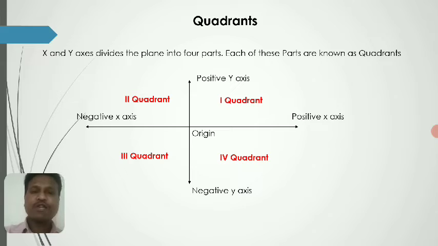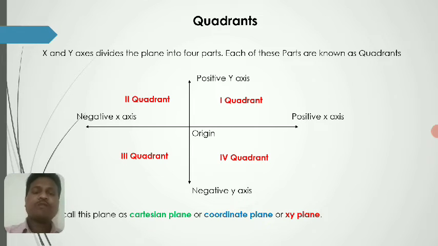Similarly, the second quadrant is between the negative x-axis and the positive y-axis, and so on. This particular plane in which we are describing the point is known as the coordinate plane or xy plane or Cartesian plane. Any point that we are going to represent here is under the Cartesian plane.